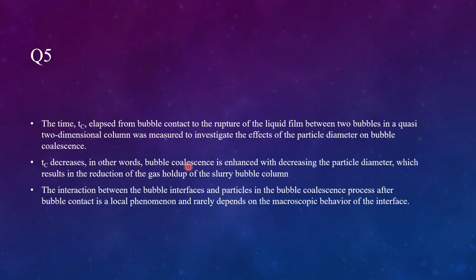The two bubbles coming in contact with each other and rupturing is increased. Bubble coalescence happens very fast, that is, in a short duration of time. So bubble coalescence is enhanced. When does it get enhanced? When the particle diameter is decreased or the slurry concentration is decreased.